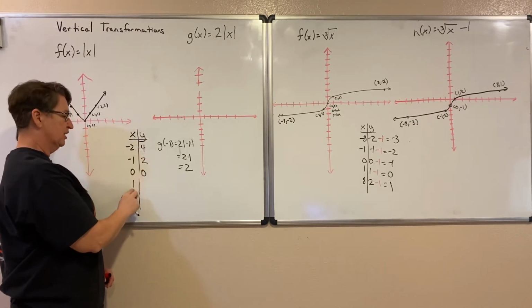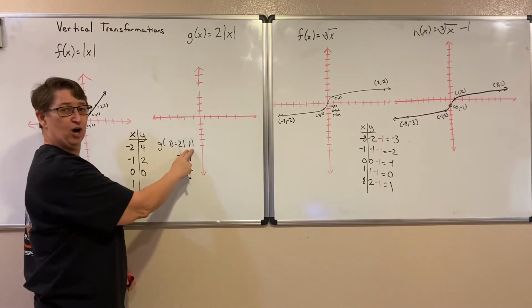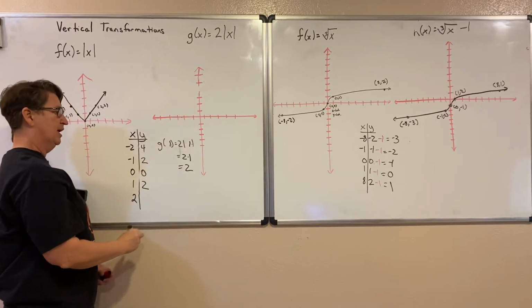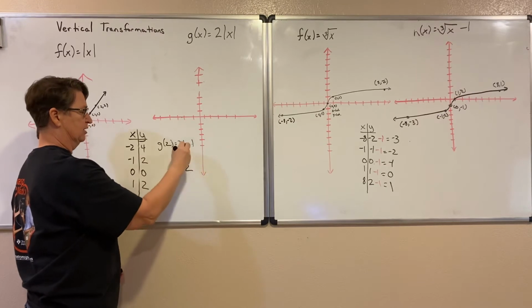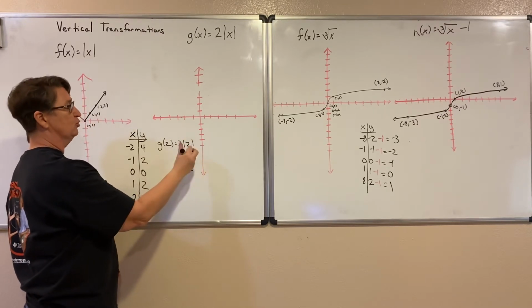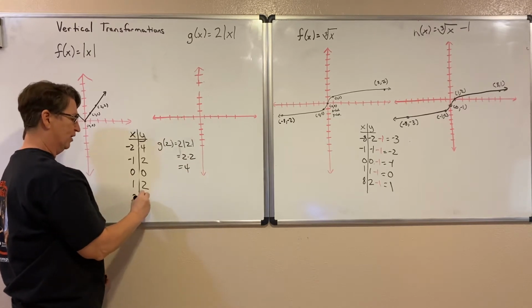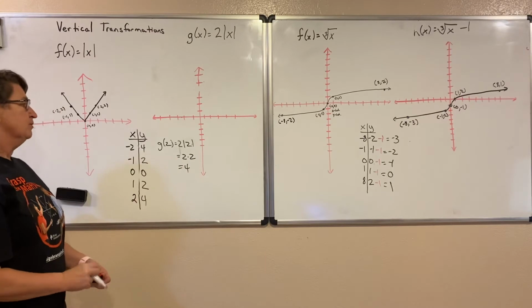On this function, if I put in just +1, well, the absolute value of 1 is 1 times 2 is also 2. And if I put in 2 into the function, then the absolute value of 2 is 2. 2 times 2 then is 4. So there's a point on that new function at 2, 4.